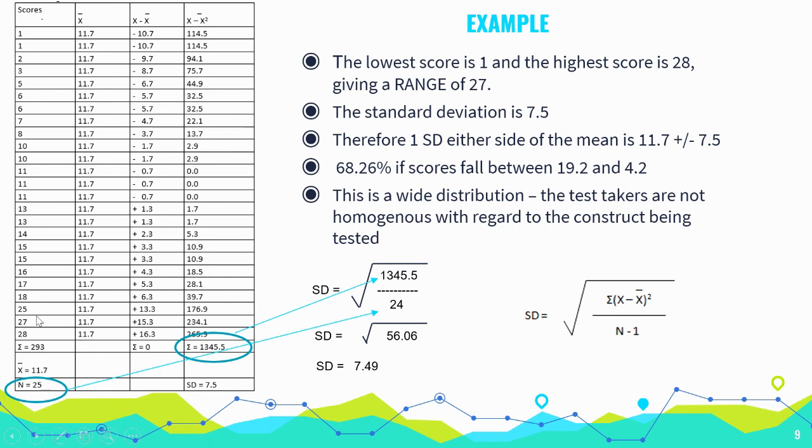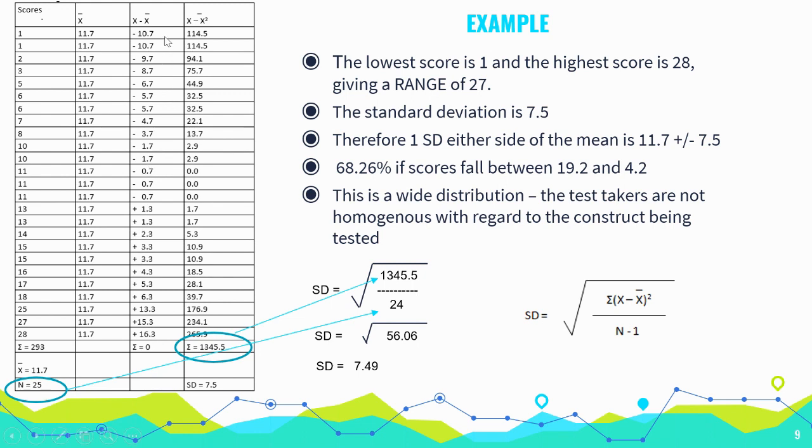If someone gets 28, then 28 minus 11.7 is 16.3. So they're 16.3 units above the mean.